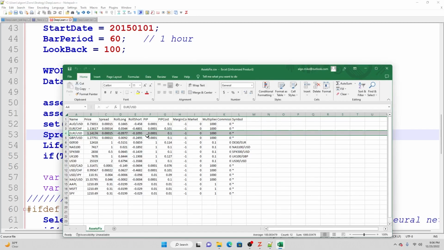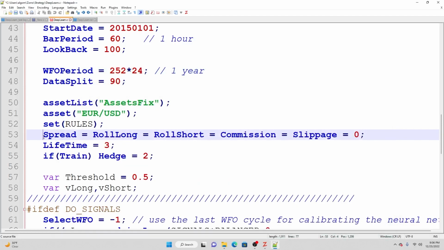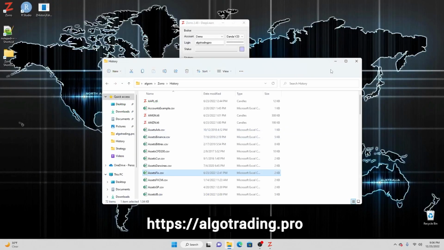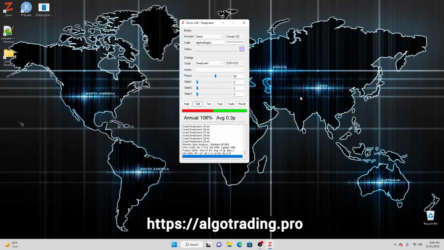So make sure you have an entry for the Euro USD pair in this file, and if you do, then you can save it and run the backtest again. This time there's going to be slippage and commission, and it's going to be a more realistic backtest than setting all those to zero. So let's see now what happens.